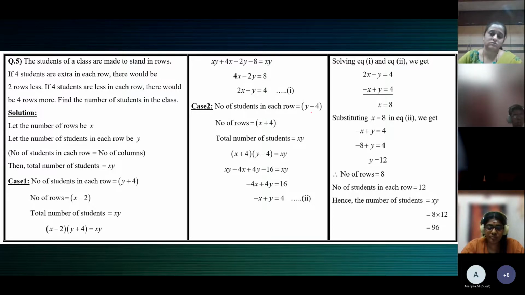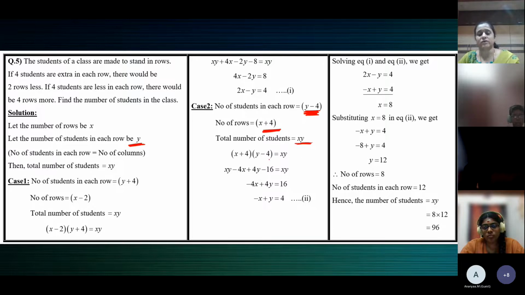So case 2, if there are 4 students less in each row, the number of students in each row is y minus 4. Number of rows, 4 more rows, so x plus 4.